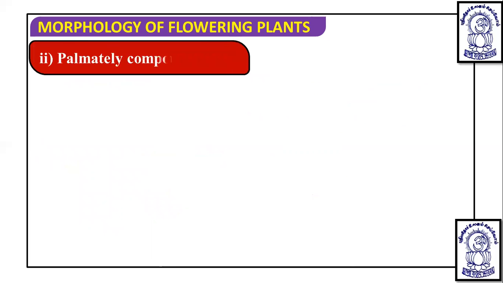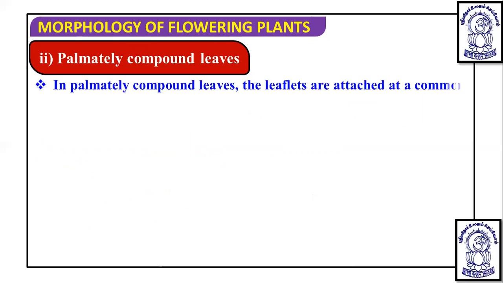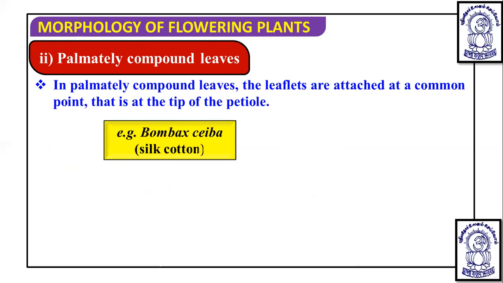After this, now we are going to talk about palmately compound leaf. In palmately compound leaf, what happens? The incisions occur and reach the common point at the tip of the petiole. So the leaflets are arranged at the common point, that is the tip of the petiole. One of the known examples is Bombax ceiba, which is known as silk cotton tree according to the NCERT.